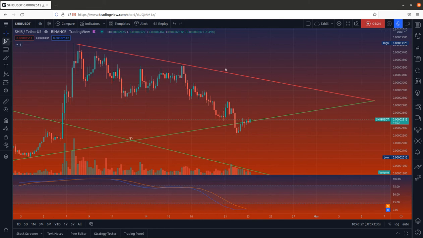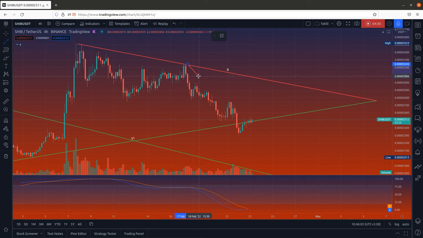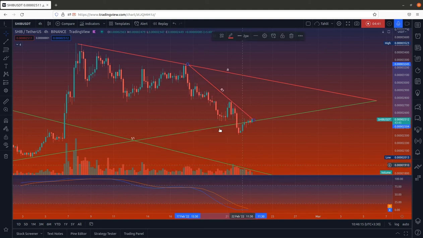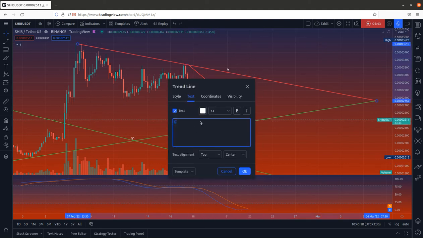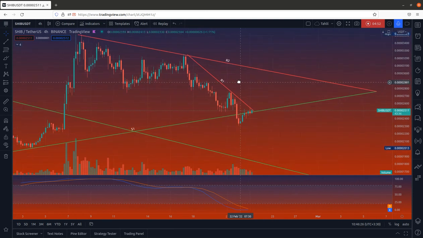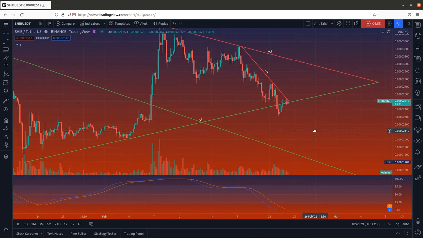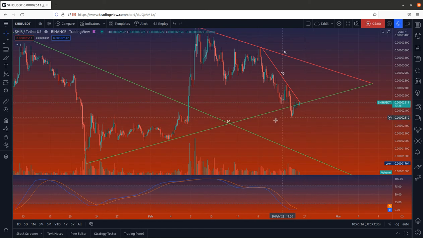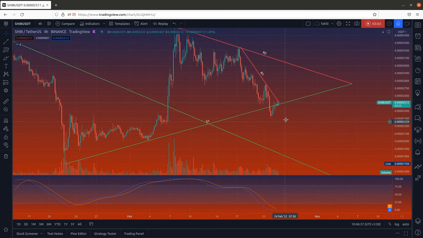If we want to draw another line here, this line, let's name it R1, and this is, let's name it R2. This is one resistance created by the price, and this is the second resistance for the price. Now, what is going to happen here? If you look closely here, this one we can consider a pullback to the S1 line.